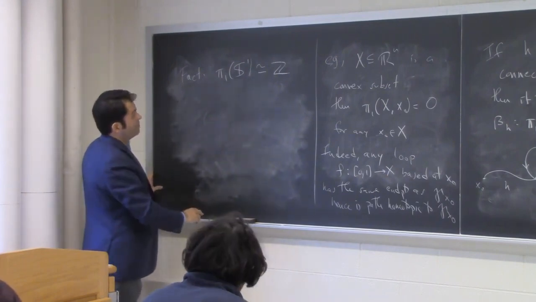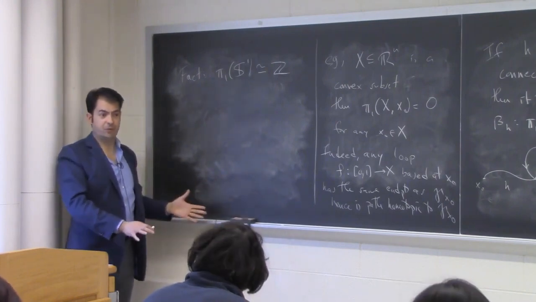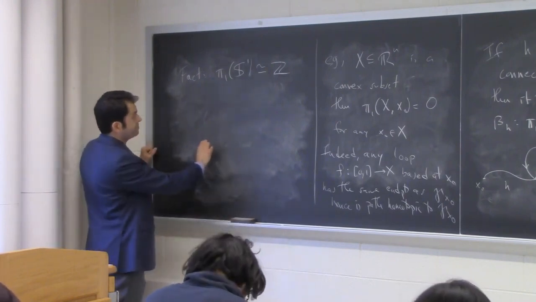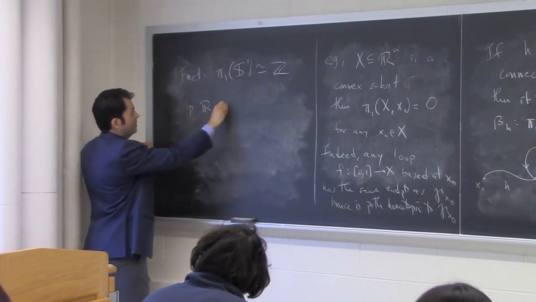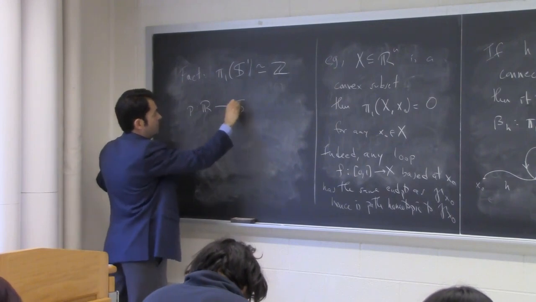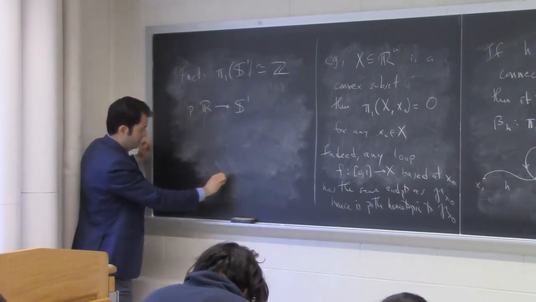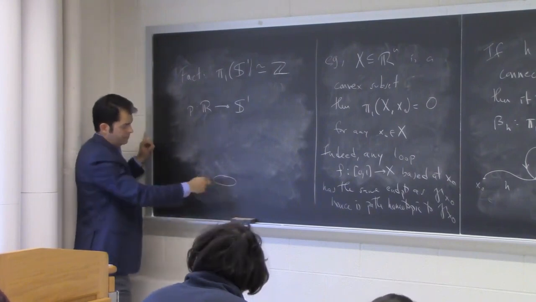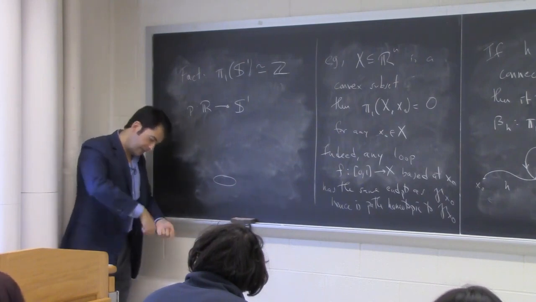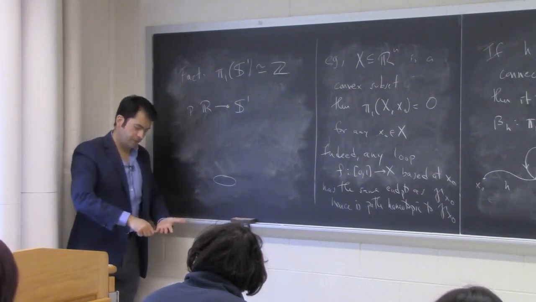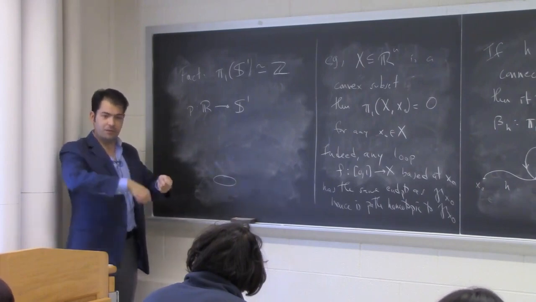Okay, so right now I'll just tell you how we're going to do it, and then we'll actually do it next class. Right? So the trick is that you have this wonderfully behaved map from the real line to the circle. Right? So you can think that you have a circle, and imagine the circle is a bunch of rope, like your Apple cord that you wrapped around the charger.